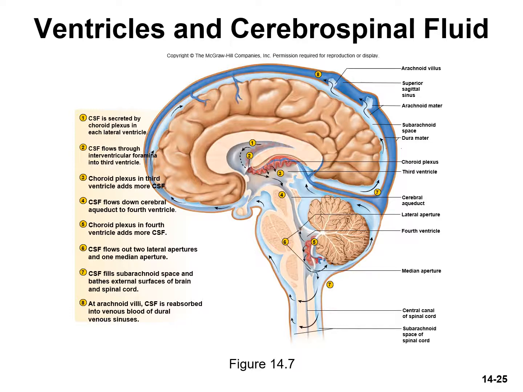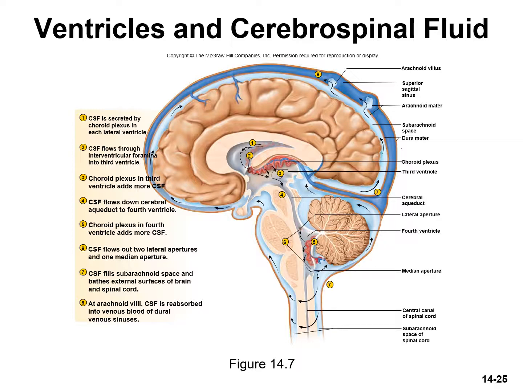Then the CSF flows through the interventricular foramina, the holes, into the third ventricle. So this is the lateral ventricle. This is the interventricular foramen, which is essentially just a very small hole that allows that CSF through it. And then this space down here with number 3 is the third ventricle.